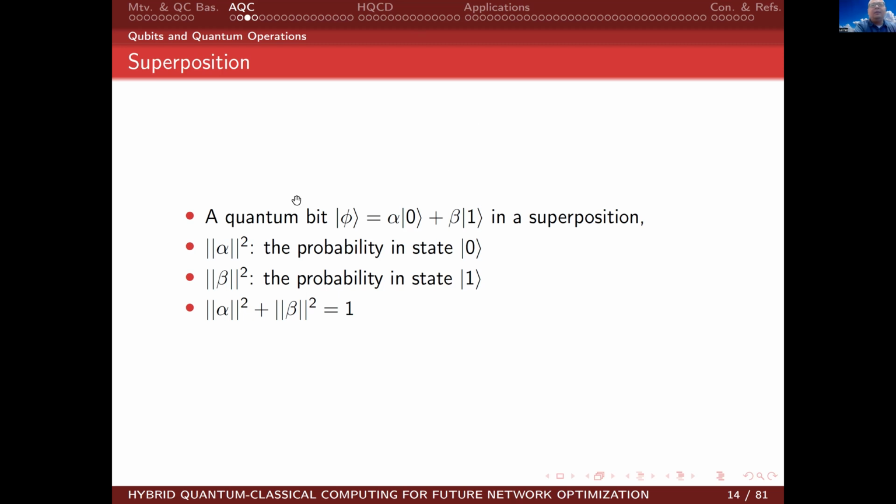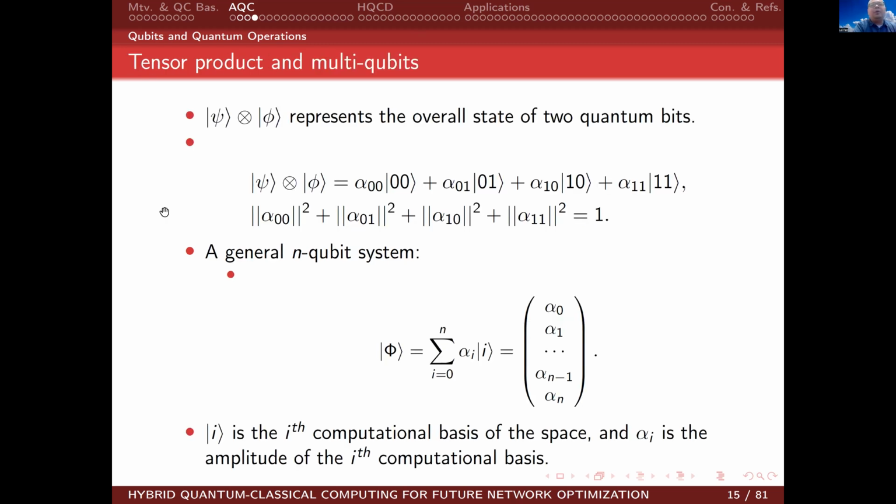And then another important operation in quantum computing is the tensor product. Now we see 1 qubit can represent 2 states. How about 2 qubits? Here I use psi and phi to represent the states of 2 qubits, and this tensor product represents how they work with each other together.